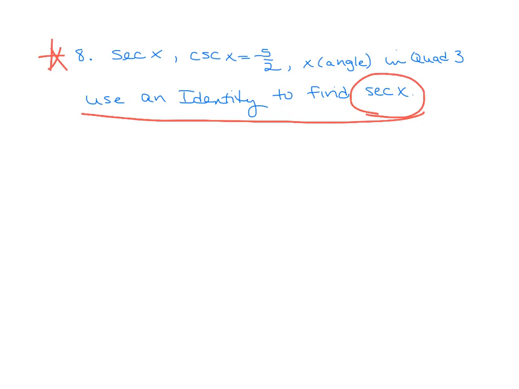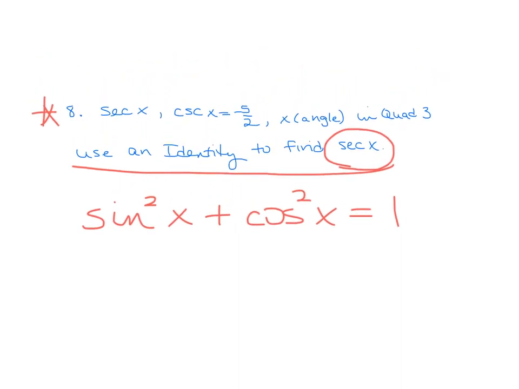So let's go ahead and do this one. I'm going to be using the Pythagorean identity of sine squared x plus cosine squared x equals 1. Because notice my given information is cosecant, and I know cosecant is the reciprocal of sine.